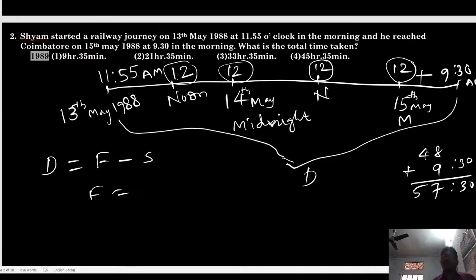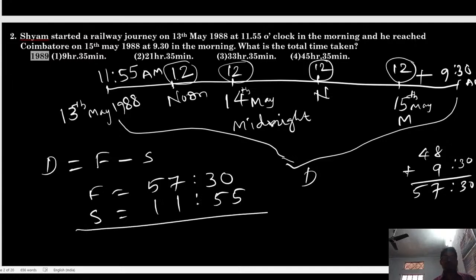This is the finishing time, 57 hours 30 minutes. So the starting time, 11:55, we have to subtract. While subtracting this, we can get the duration of the activity or total time.